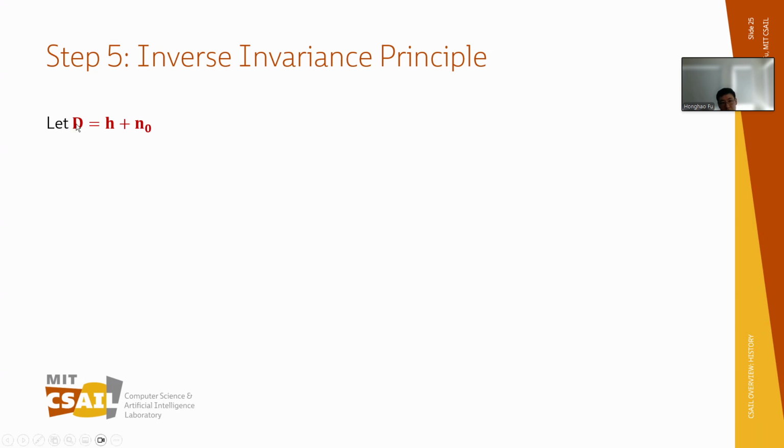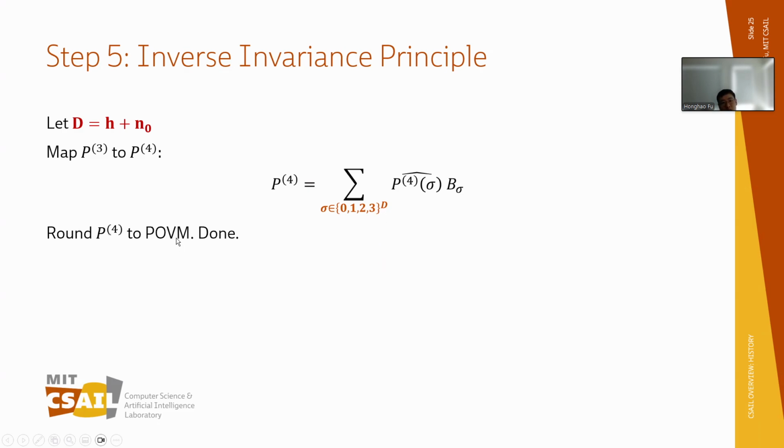The idea is that if we let big D be H plus N0, we can replace all those MXI terms back into Paulis. And then we get this P4, which is only acting on D, capital D qubits. So this P4 is close to the final form we are going to get.